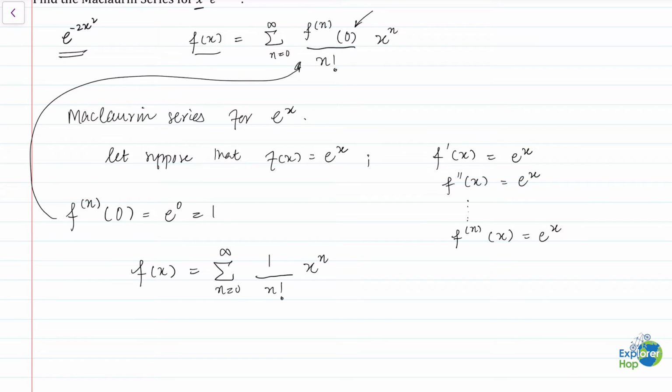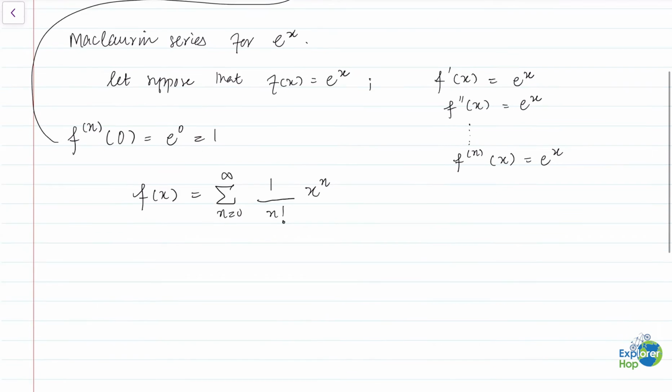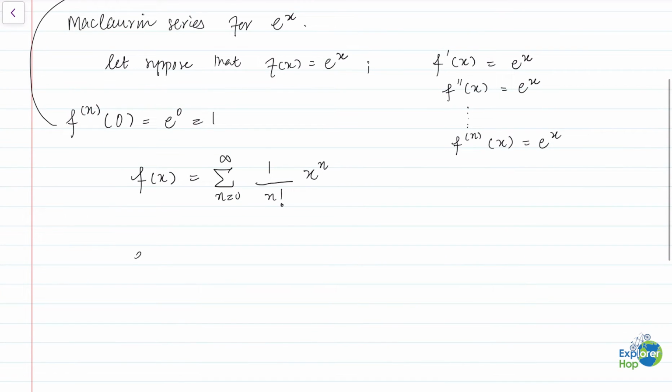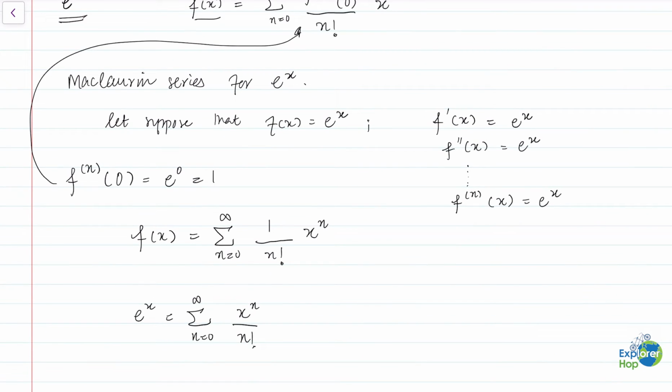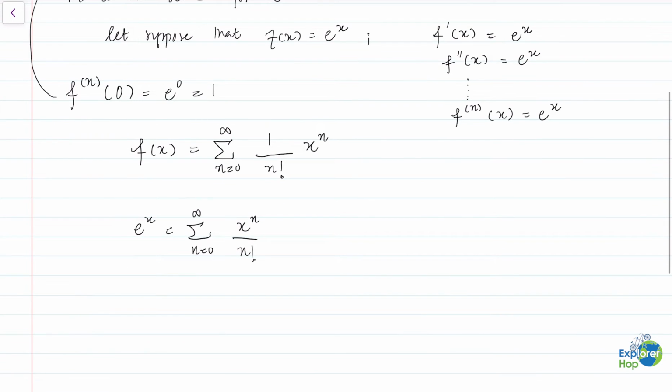So right now we were able to find the Maclaurin series for e to the power of x, but in the question we are asked to find the Maclaurin series for e to the power minus 2x squared. So what we'll do is replace x with minus 2x squared in this whole series.